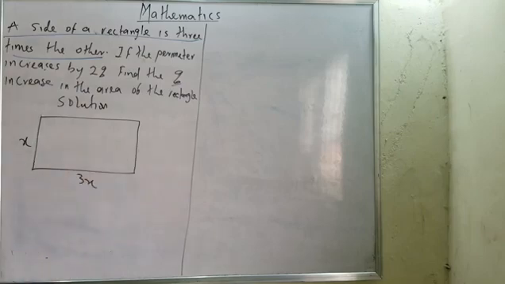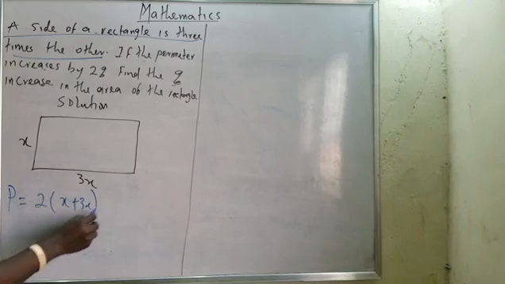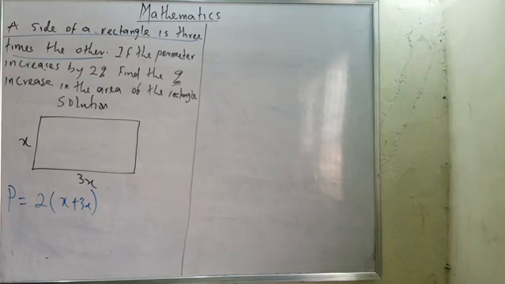Now, how do I go? I will now say that my perimeter, you all know the perimeter of a given rectangle, is 2 times x plus 3x, which is 2 times 4x, which is 8x. That's the perimeter of a given rectangle.